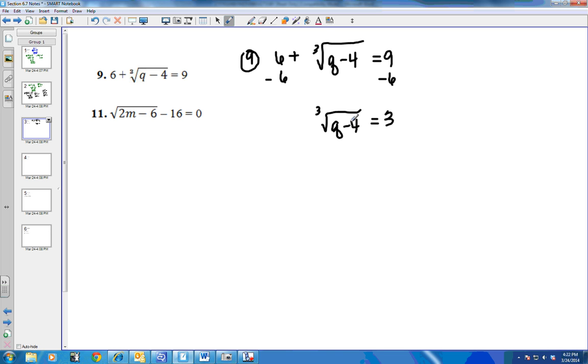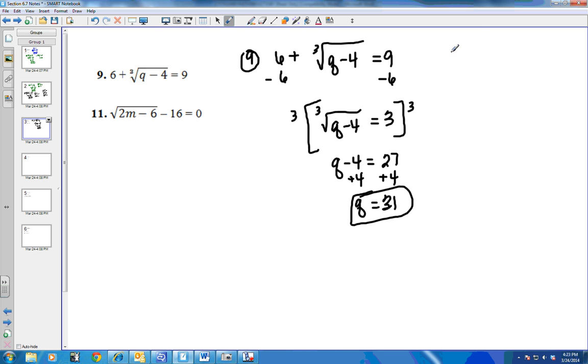So if I want this radical gone, I need to cube both sides because this is the cubed root of that. So when I cube both sides, I get q minus 4 equals 3 cubed. 3 cubed is 3 times 3 times 3, which is 27. Add 4 to both sides, so q is 31.